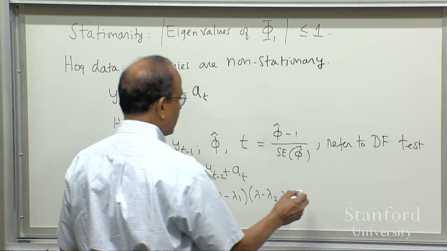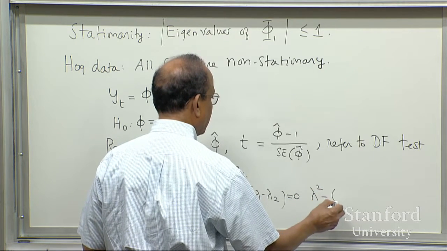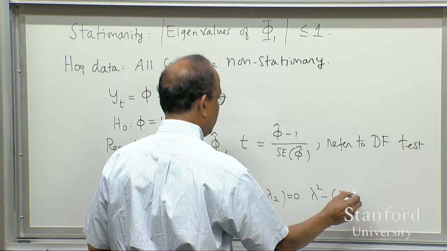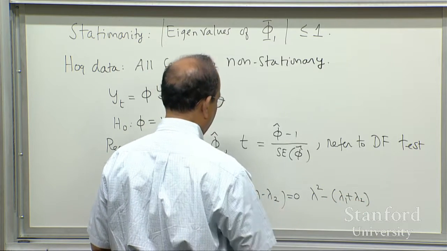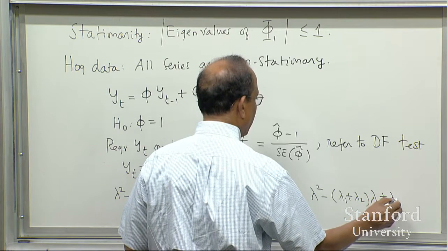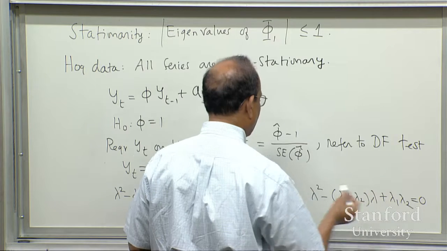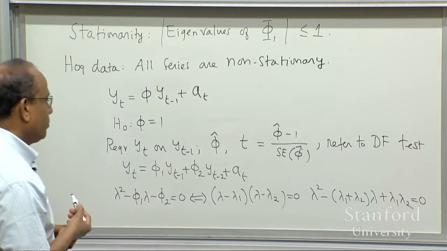So this is the same as writing lambda squared minus lambda 1 plus lambda 2 times lambda plus lambda 1 lambda 2, which should be equal to 0. The roots of that should be taken out. Okay.